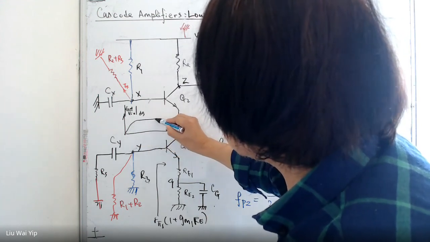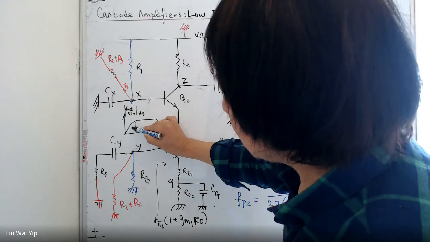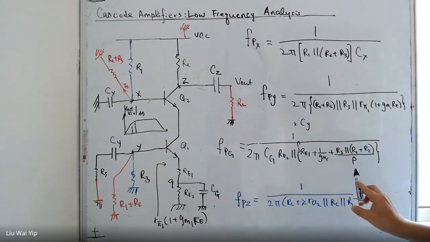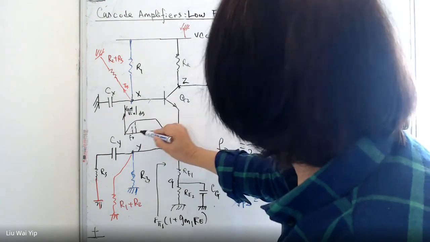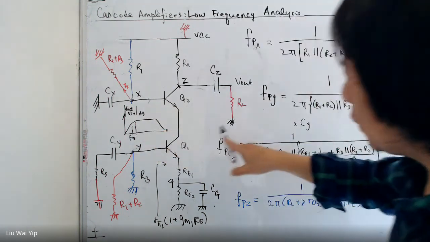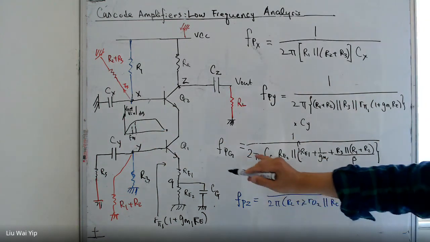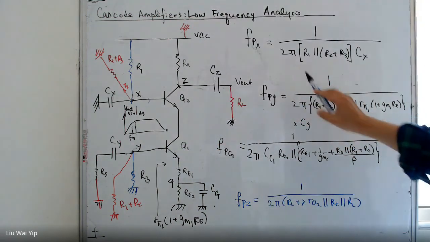And this is the midband, and the low frequency poles refer to here, FPX, FPY. We don't know which one comes first, and we don't know which one forms the dominant frequency. It depends on the value.